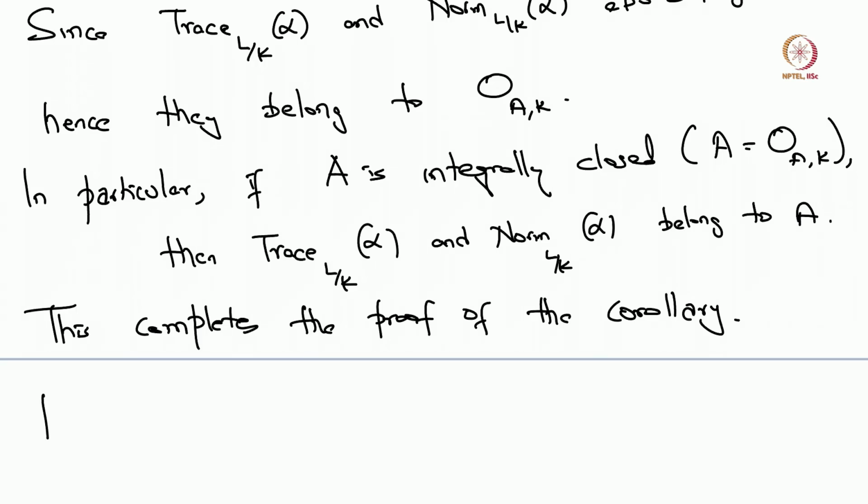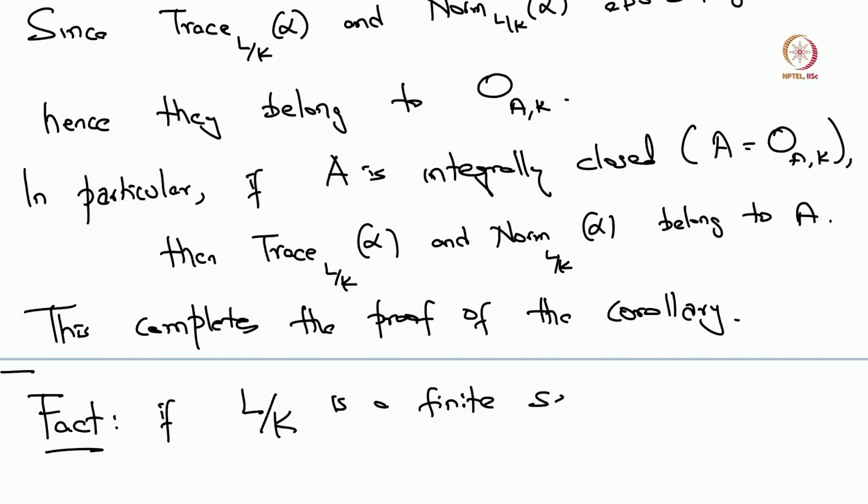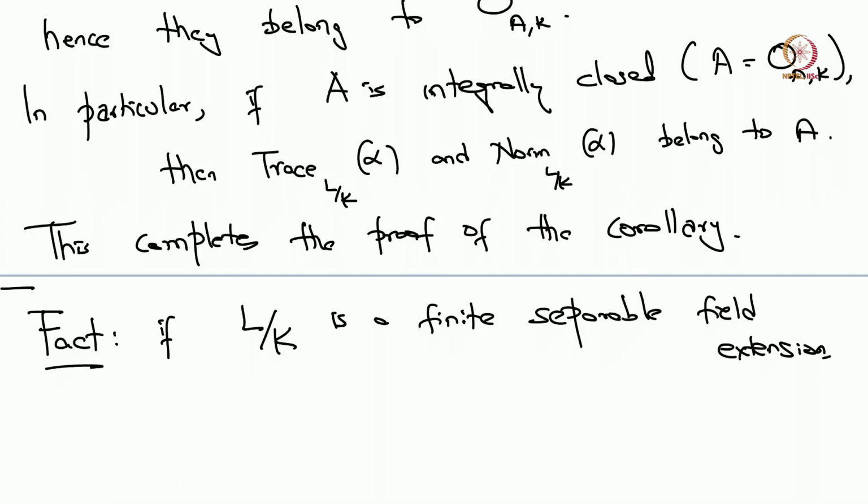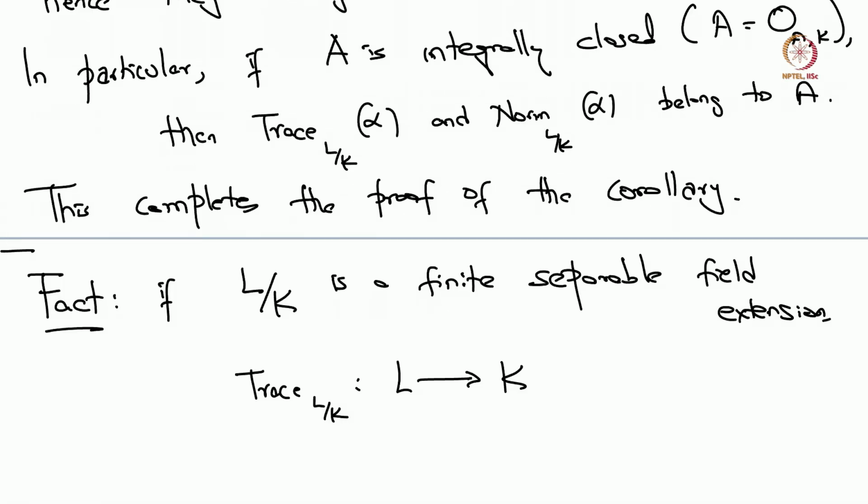Okay, some more facts about finite separable extensions. So if L over K is a finite separable extension, we can consider the trace from L to K. As we discussed earlier, this is a K-linear map.